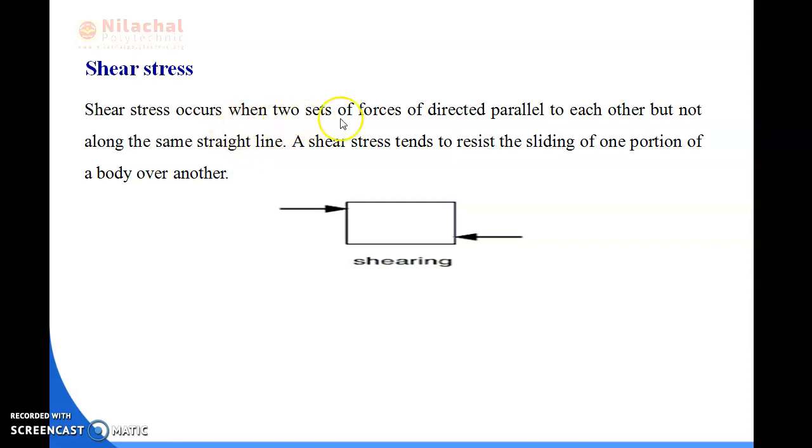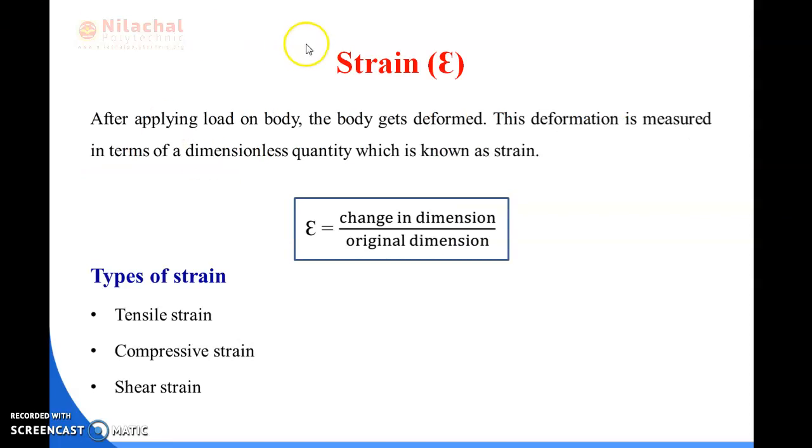But in shear stress, the two forces are not along the same straight line, as shown in the figure. A shear stress tends to resist the sliding of one portion of a body over another. This type of case is a case of shear stress.